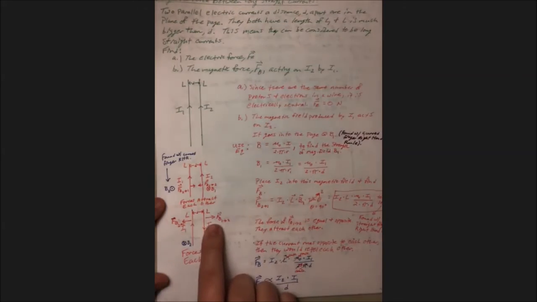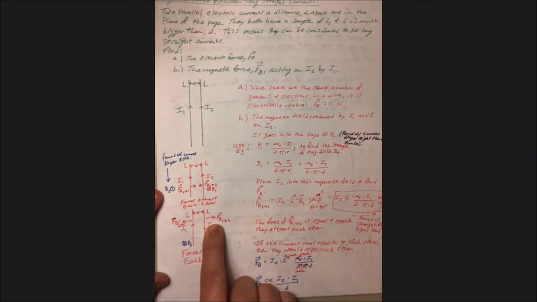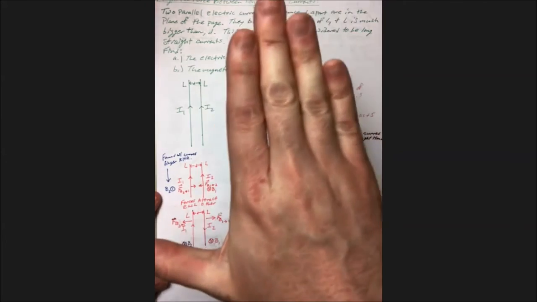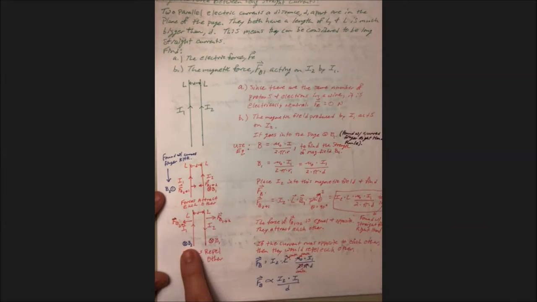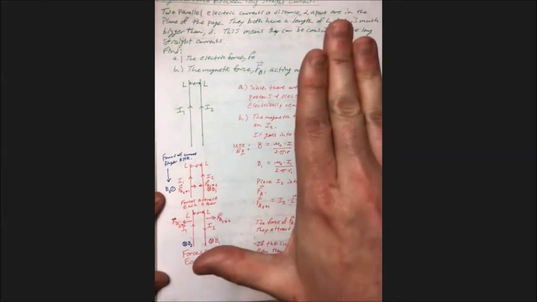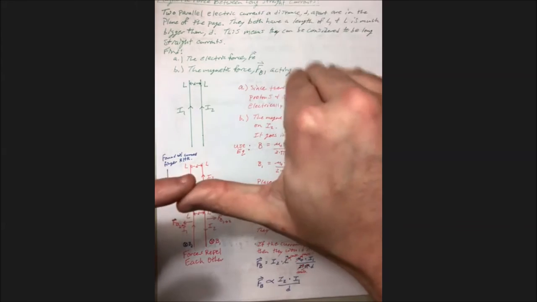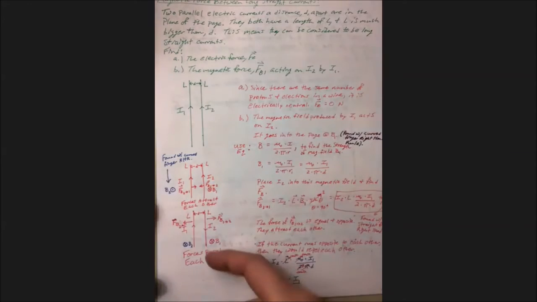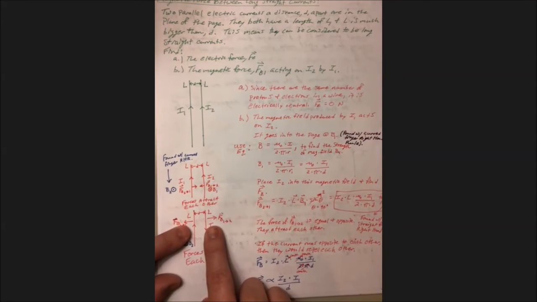So the magnetic force is pointing to the right for that one. If I do the same thing here, point my palm down into the page for the magnetic field, point my straight fingers up in the direction of the current, then my magnetic force vector is going to be pointing to the left. That means that they repel each other.